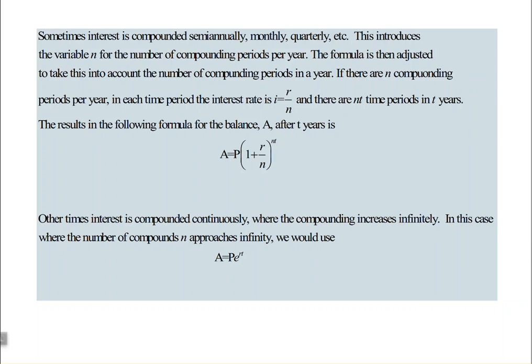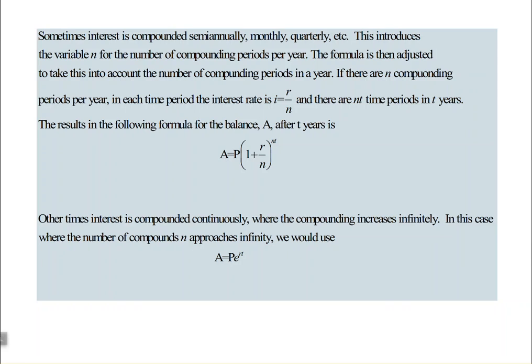Now the formula is adjusted to take into account compounding periods per year. If there are n compounding periods in a year, in each time period the interest rate is i equals r over n. Normally with simple interest, you multiply the principal times 1 plus the interest amount, but with compounding it's a little different.